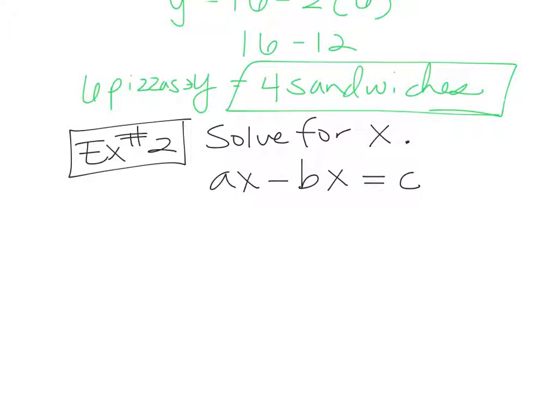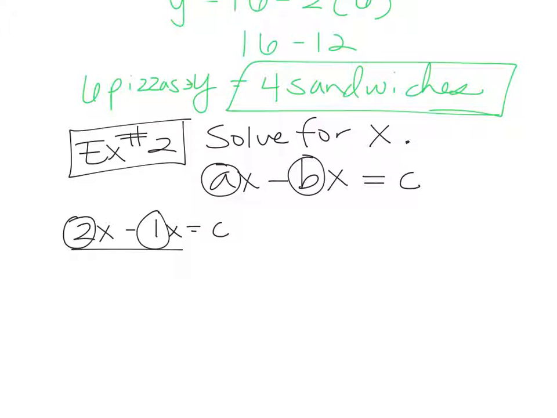Tell me how you would do this, okay? Let's say I plug in numbers for a and b. Let's say it's 2x minus 1x equals c. What would you do here? Minus them. 2 and 1, right? Okay, so think of it like that. Let's think those are our numbers, but now we replace them with a and b, okay?